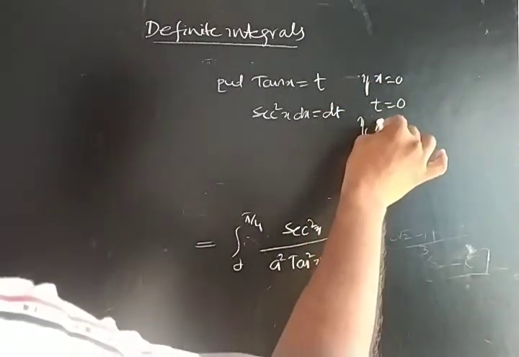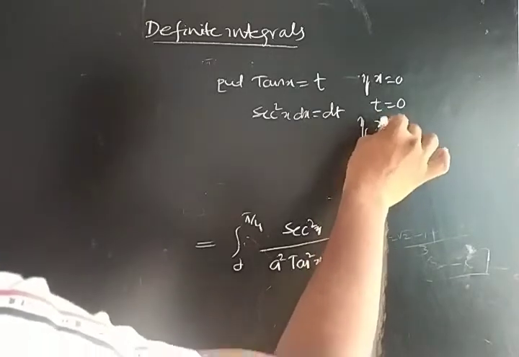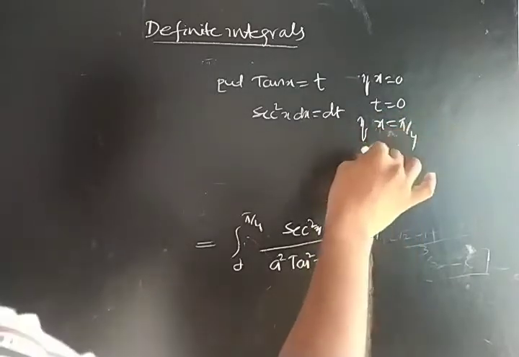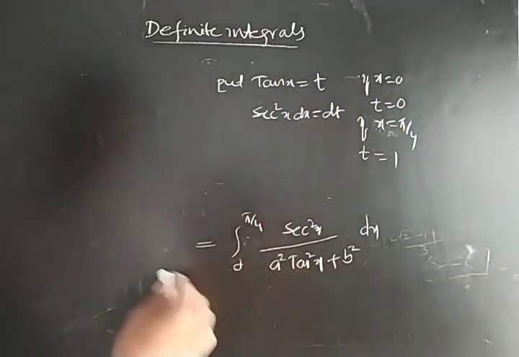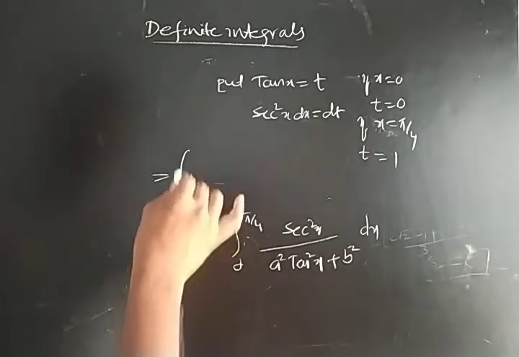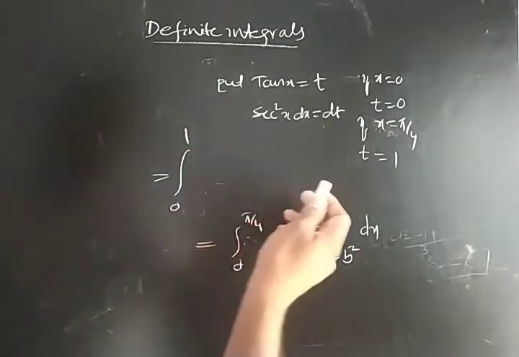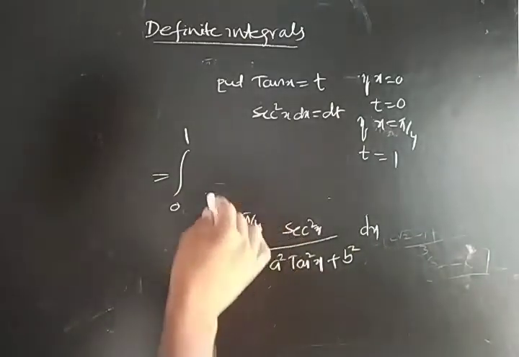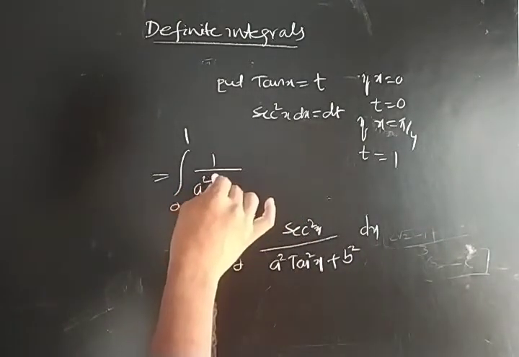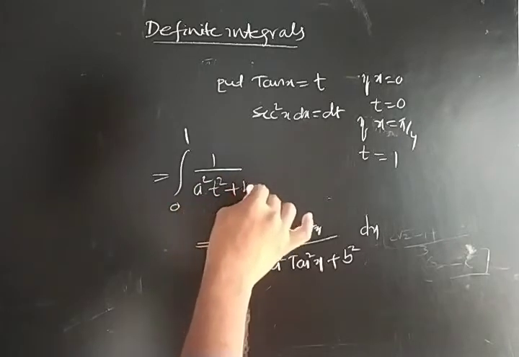If x is pi by 4, then the upper limit of t becomes 1. So I am substituting in this integration: lower limit 0, upper limit 1, secant square x dx will be dt, and in place of tan x I am substituting t. So 1 by a square t square plus b square into dt.